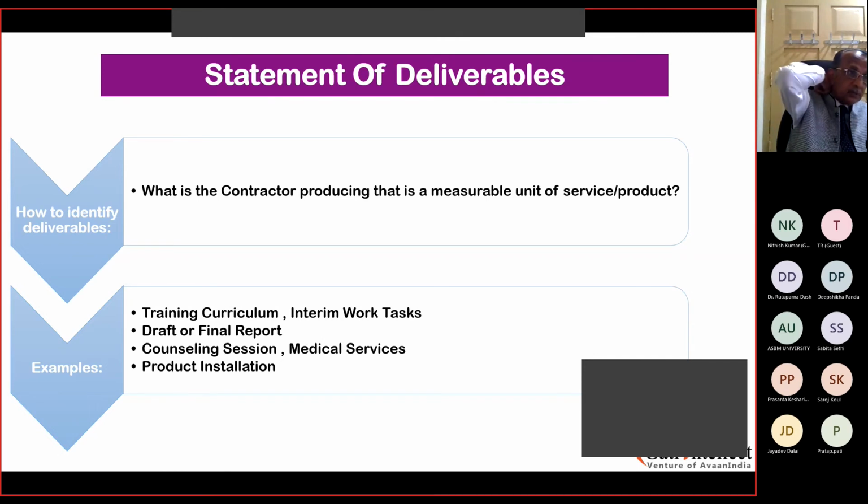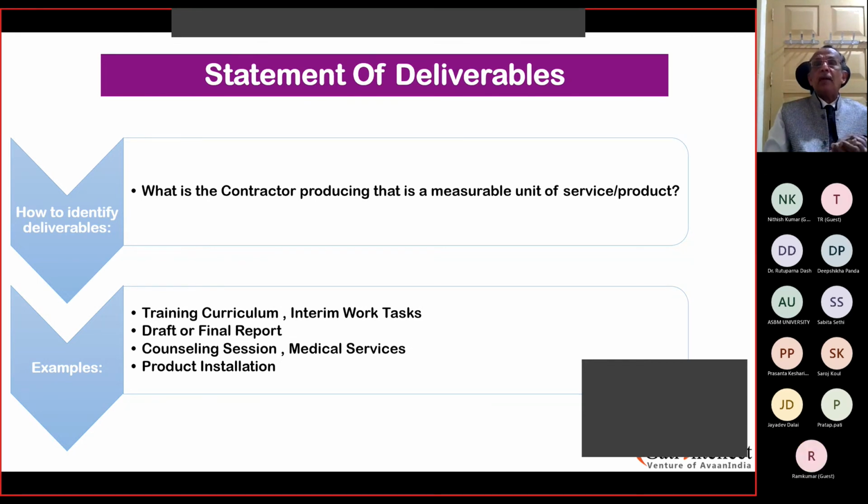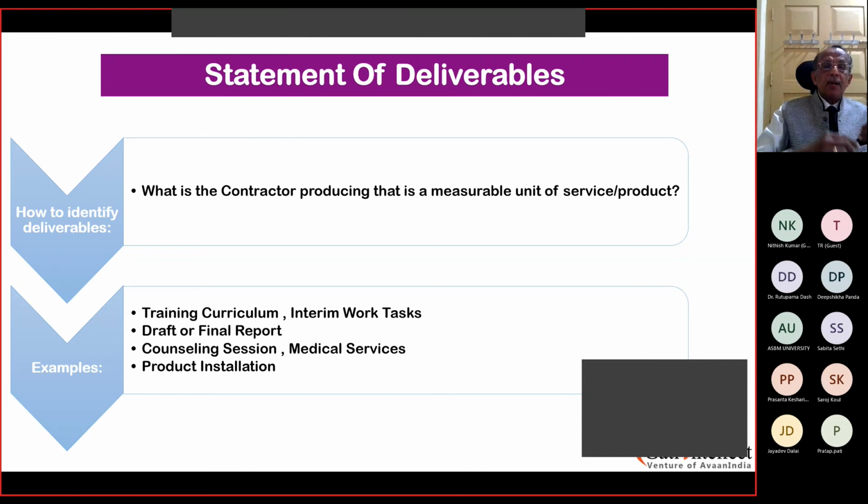Your deliverable is the final report, your project report. Counseling session, medical services, product installation. If you have purchased a material from overseas and it should be installed, all the precautions have been taken care of, and when finally the product is installed, yes, the performance is complete.